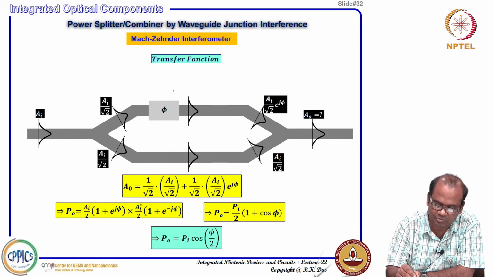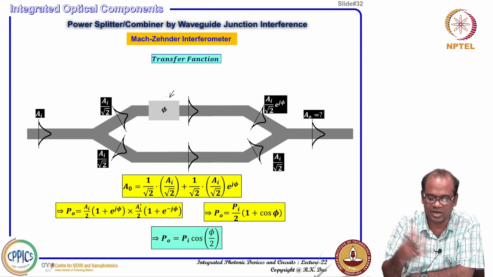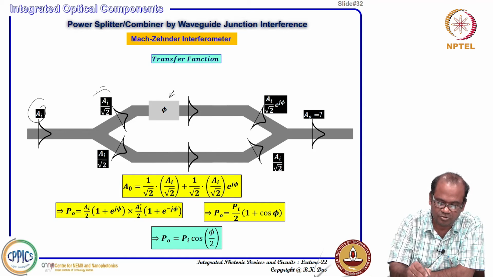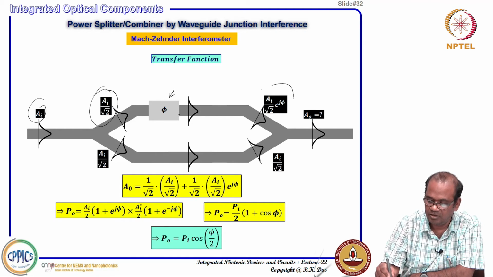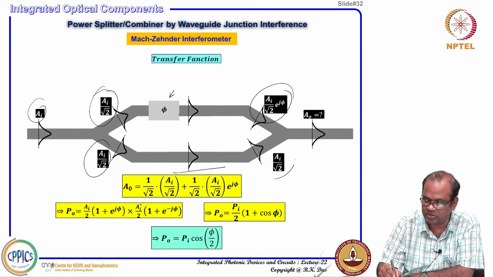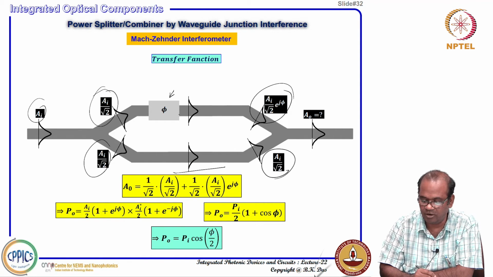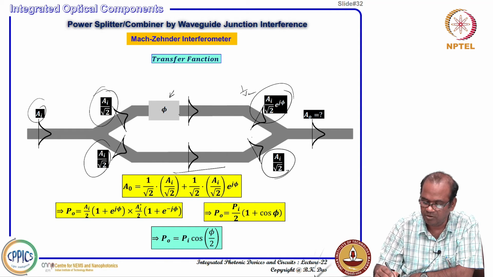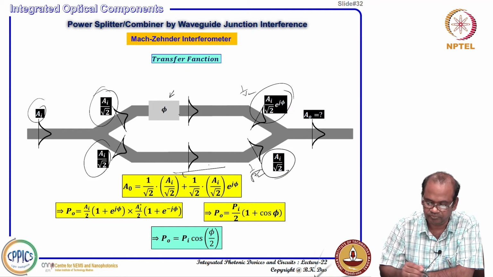Let us say that this phase is phi, not pi, just an arbitrary phi. Then what happens? Amplitude comes here, root 2, then e to the power j phi, and the amplitude coming here has no phase change. Then what would be A naught? A naught will be, you have to multiply 1 by root 2 here, 1 by root 2 here, and then add them. That is what we have done.